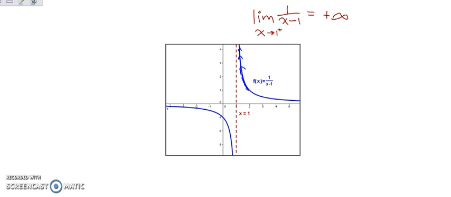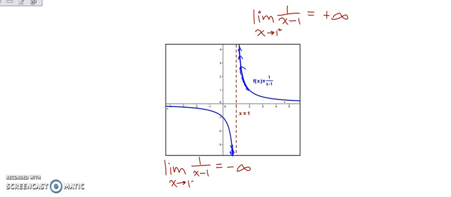Consider now the limit of 1 over x minus 1 as x approaches 1 from the negative side. If we approach the vertical asymptote at x equals 1, my function decreases, and it keeps going all the way to negative infinity.